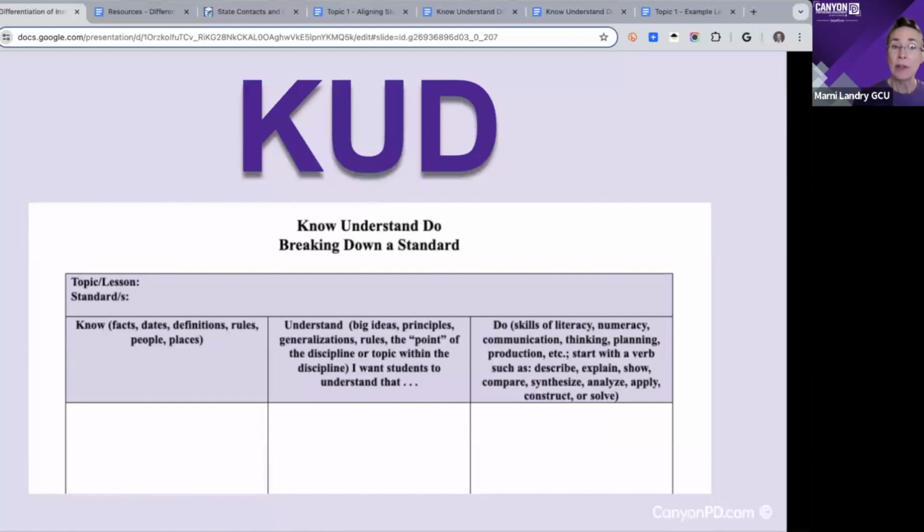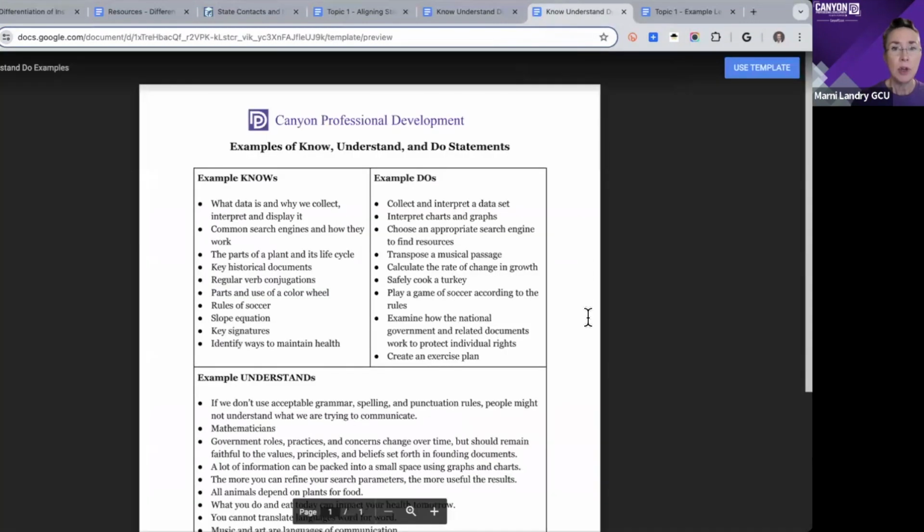If you have difficulty doing this, it can be difficult to do it the first time. I do have some examples of know, do, and understand statements. That document is called Examples of Know, Understand, and Do Statements. And this will just give you some wording ideas of how to differentiate what they need to know versus what they need to do. So know, it's not always memorization, but it might be an easy way to think about it.